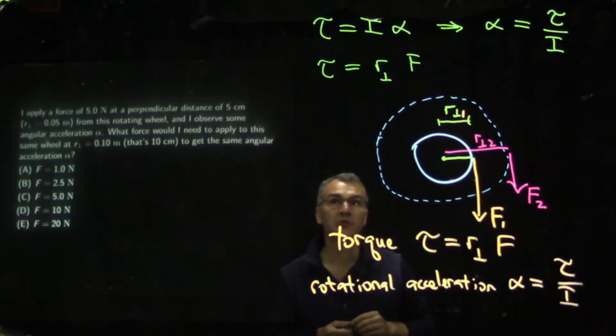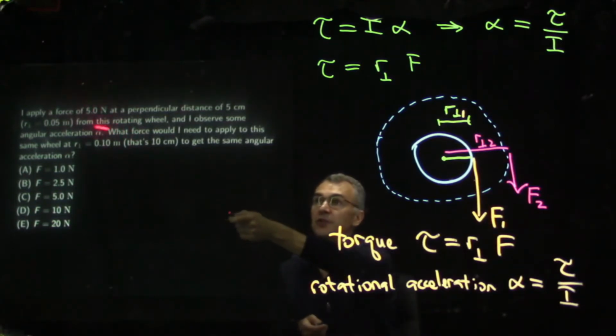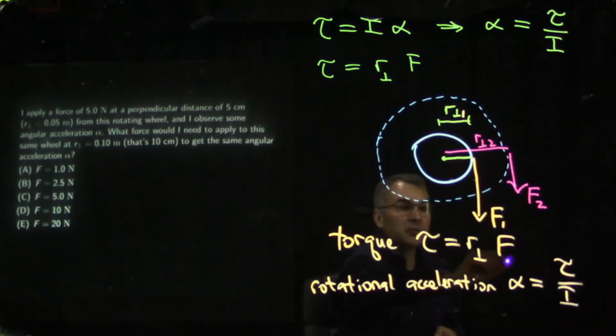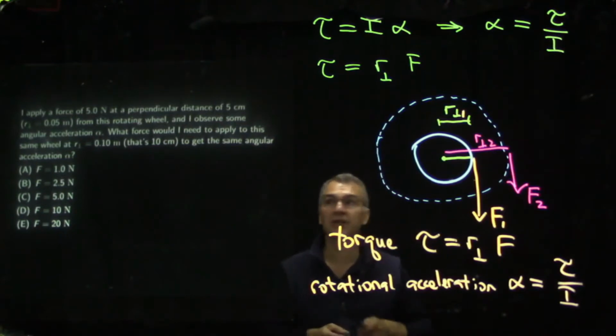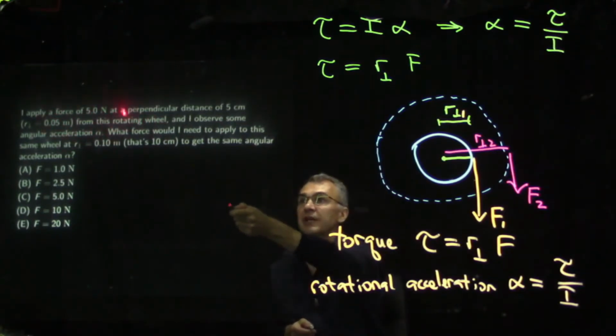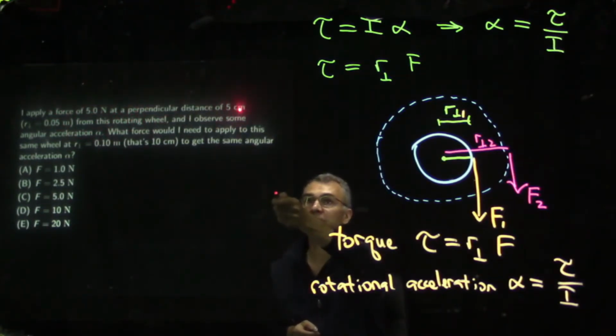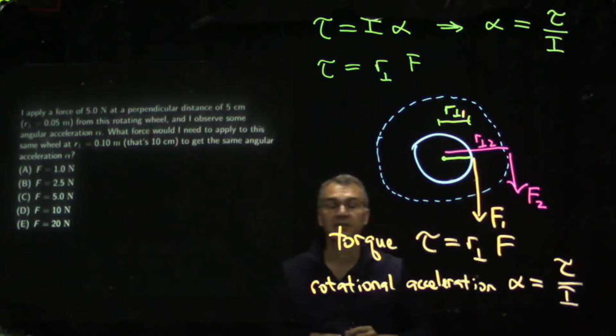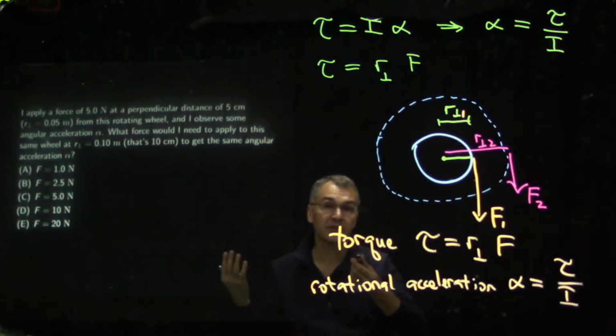So if I initially applied 5 newtons at 5 centimeters, instead I should apply 2.5 newtons at 10 centimeters to get that same torque. And then for the given rotational inertia, that should be the same angular acceleration.